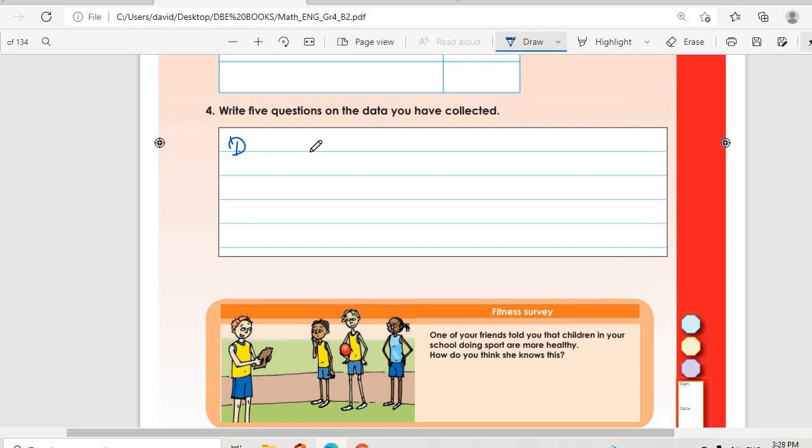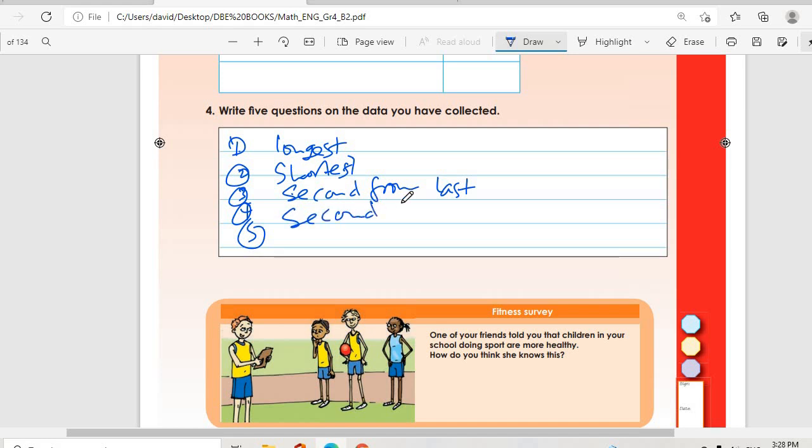So 1, 2, 3, 4, 5. Who stood the longest? Who stood the shortest? Then second from last, second from top. Then the average of the minutes there.